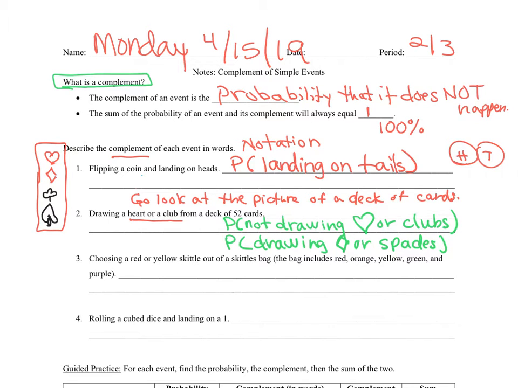Okay, so this one up here, let's change this one also. So this would be the probability of not landing on heads. Okay.